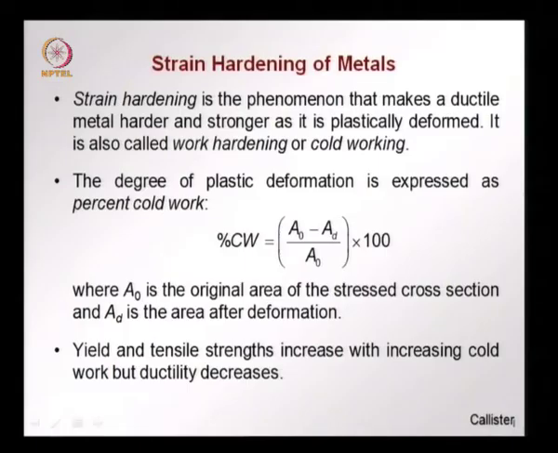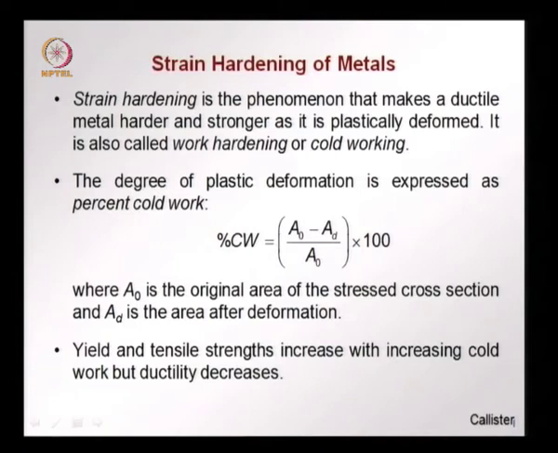So, strain hardening, as I said, is a phenomenon or a procedure which makes a ductile metal harder and stronger as it undergoes plastic deformation. This is called work hardening also, or cold working.